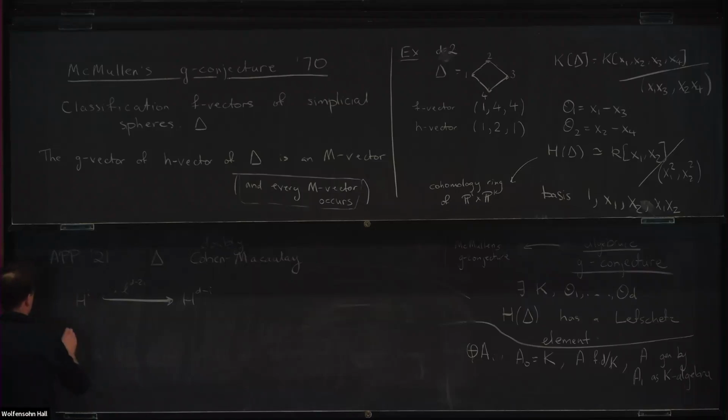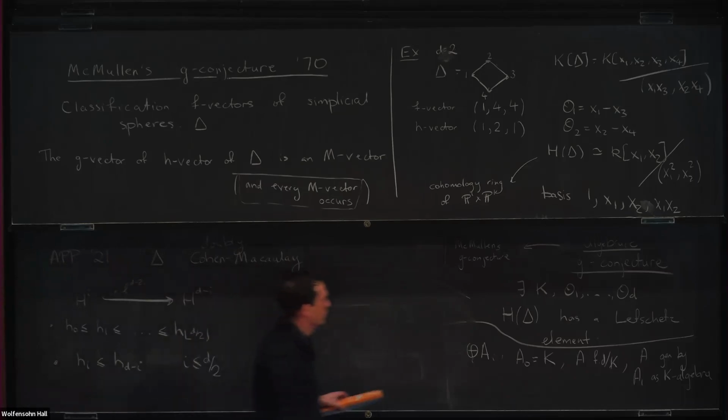What it means in terms of the h-vector is that you still have unimodality up to halfway, but you no longer have symmetry. So before h_i was equal to h_{d-i}, but now you only have something called top heaviness, okay? These inequalities were known for the examples I just mentioned already, but this is what they proved.